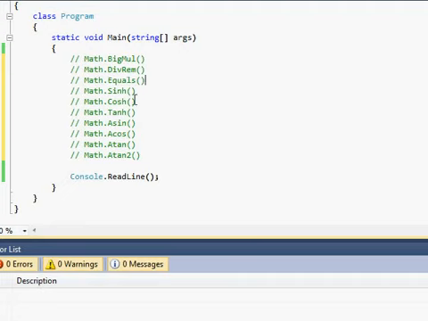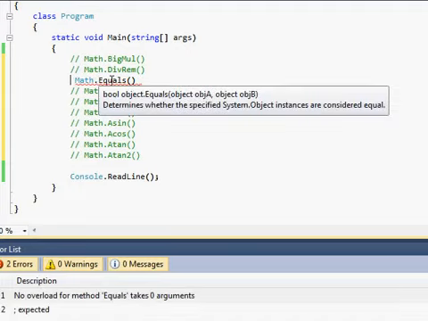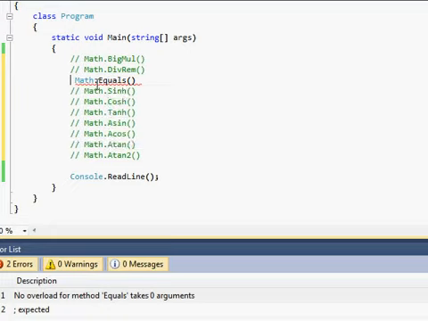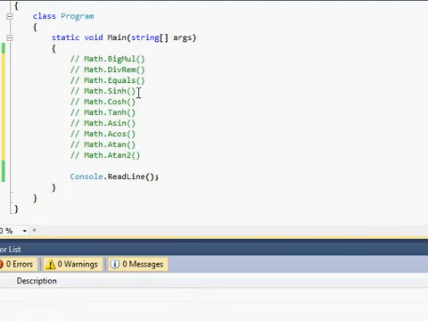Equals compares 2 objects to see if they're equal. More than likely it has something to do with the memory address. Determines whether the specified System.Object instances are equal. So I guess if it's just an object, then it tells you whether they're equal, because you can't use the equals operator for that. This one's really weird. Remainder.